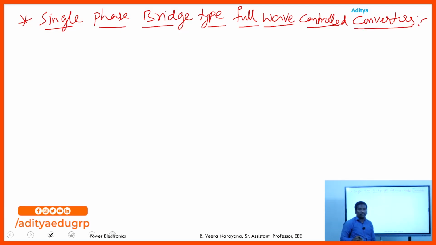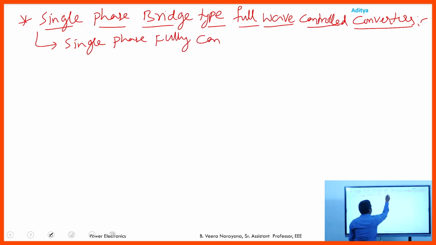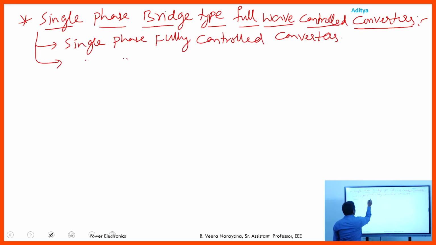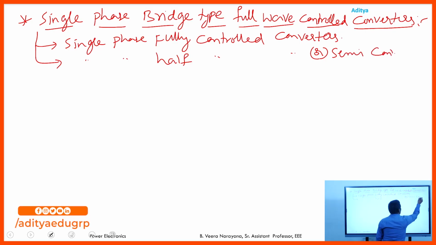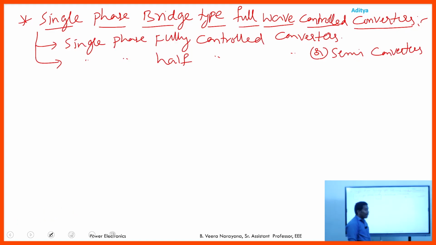Depending upon the circuit operation, these bridge type full wave control converters are again classified into two types: single phase fully controlled converters or full wave converters, and second, single phase half controlled converters, which are also called semi converters.